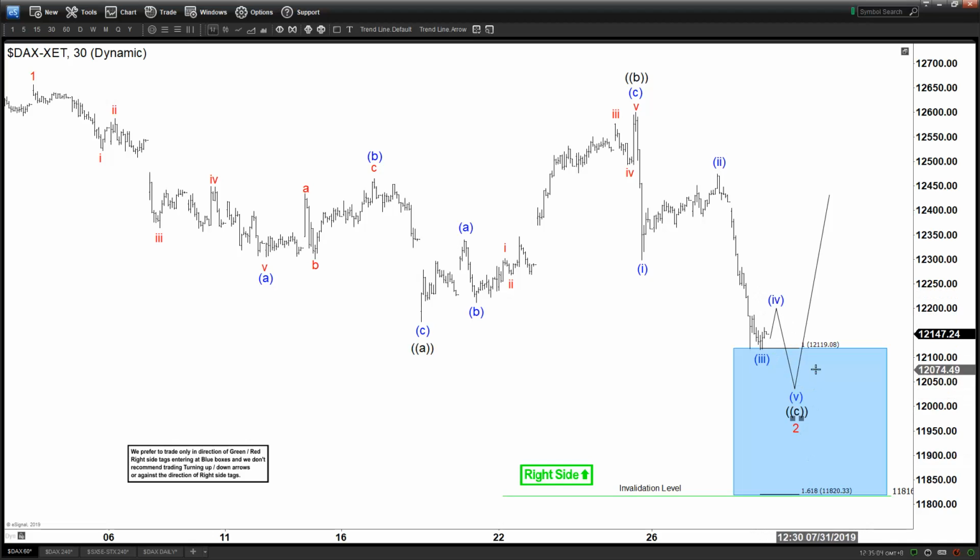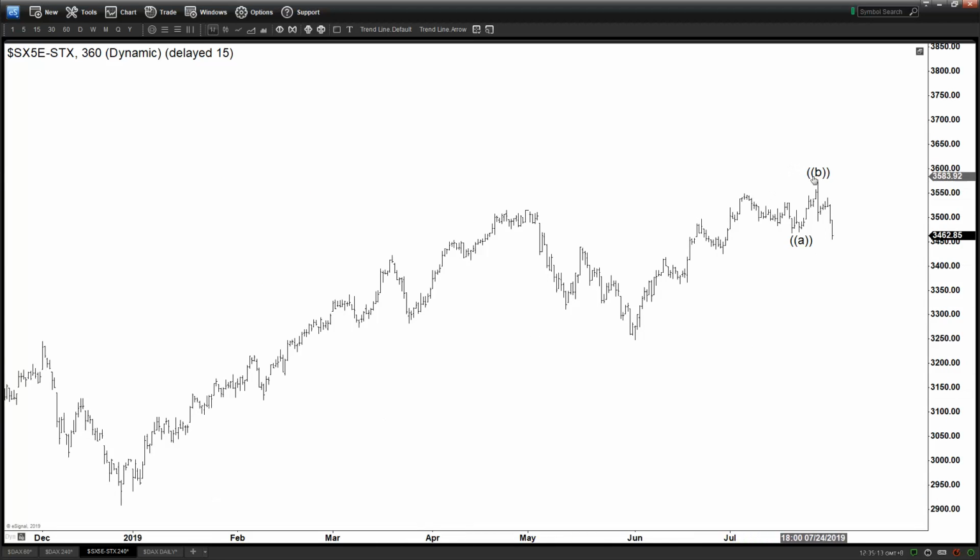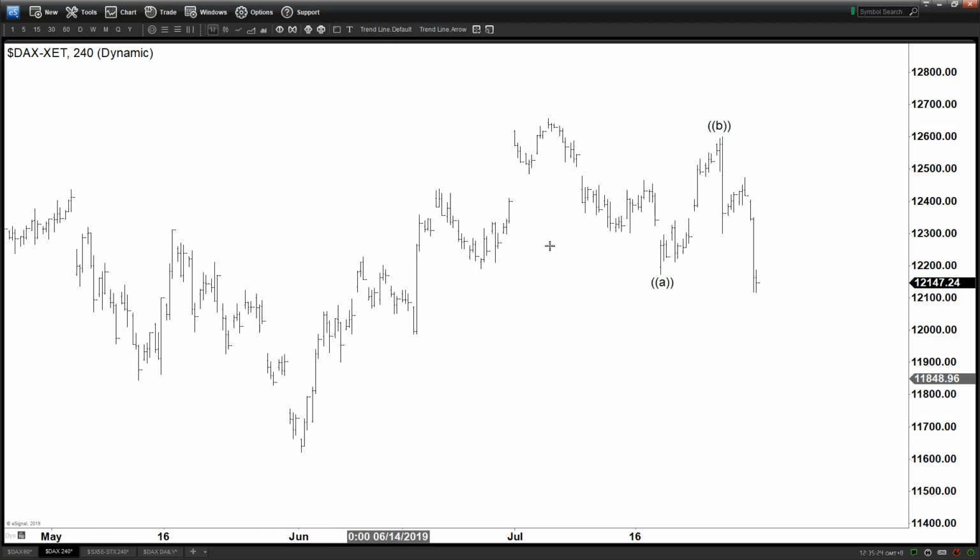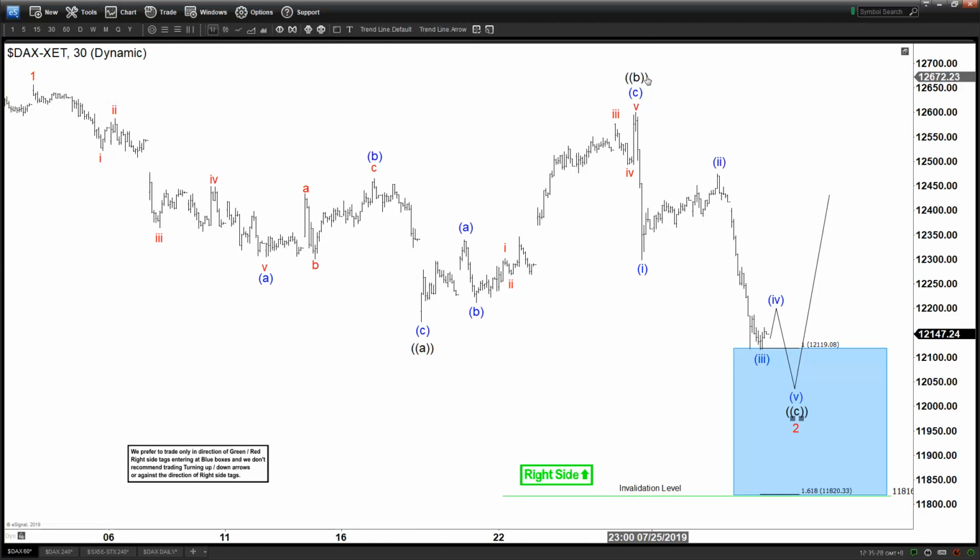So this leg lower doesn't need to happen, right? It doesn't have to happen, but we are calling another leg lower, and one of the reasons is because if you look at the correlated instrument, which is the Euro stocks, you can see this rally here actually makes a marginal high above the previous high, July the 3rd, right? Whereas in the case of the DAX, you can see here again, I'm just putting this A and B in the 1 hour chart.